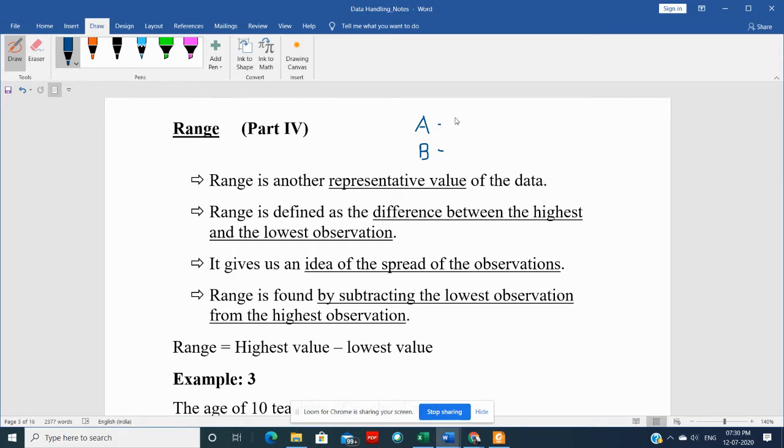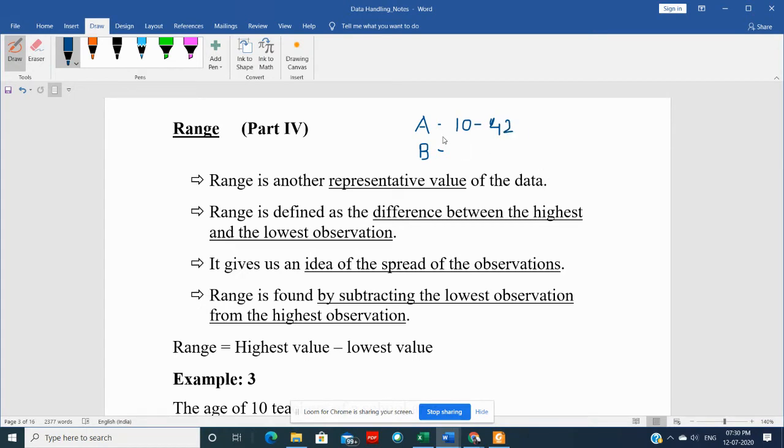Let's say in A, the minimum marks the students got is 10, and the maximum marks that the students have got is, let's say, 40 or 42.